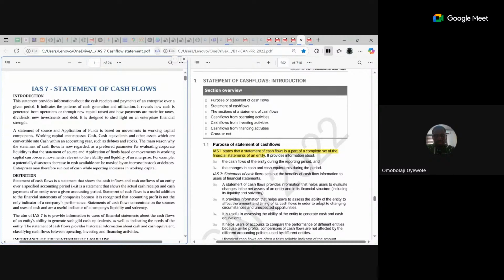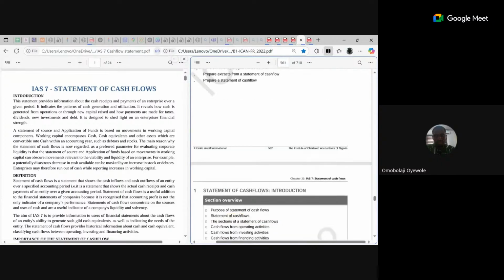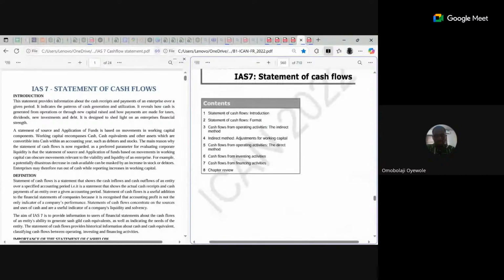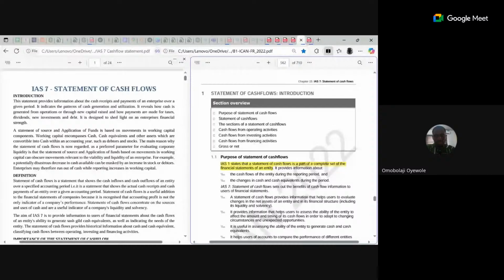Now we know that when we are presenting financial statements, according to the standard IAS 1, there are 5 components of financial statements that should be presented to make a complete set of financial statements according to the International Accounting Standard 1.